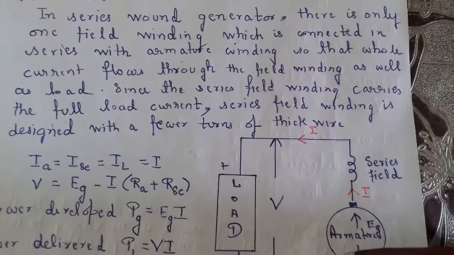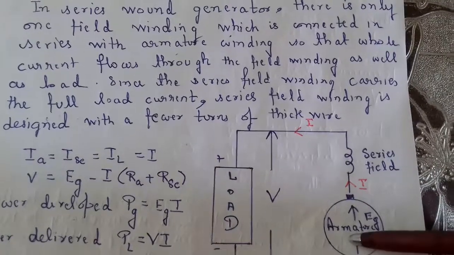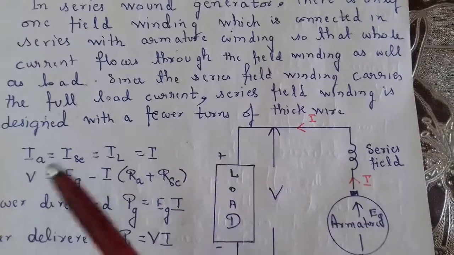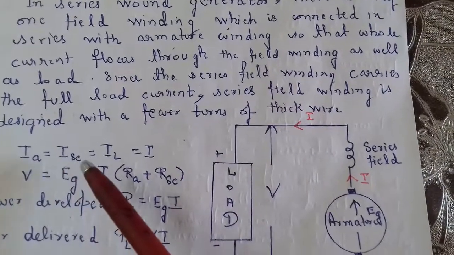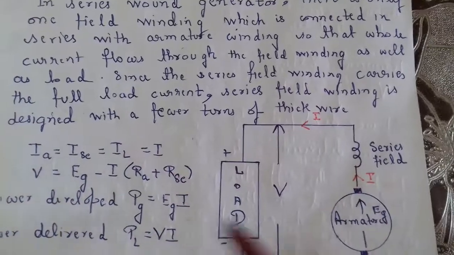Since the series field winding carries the full load current, it has fewer turns. Now all three parts are connected in series, so the armature current, series field winding current, and the load current will be the same, equal to I.